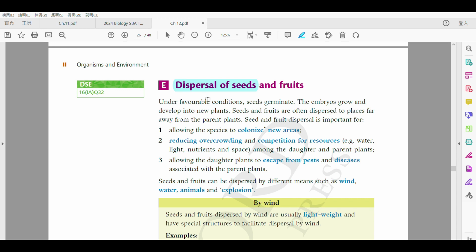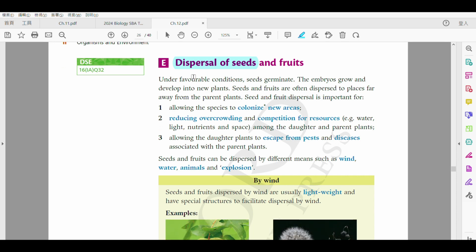So, under favorable conditions, I told you this word is very important. You always need to remember it. Favorable means good, a good condition. So the seed will germinate, and the embryo will develop into a new plant.